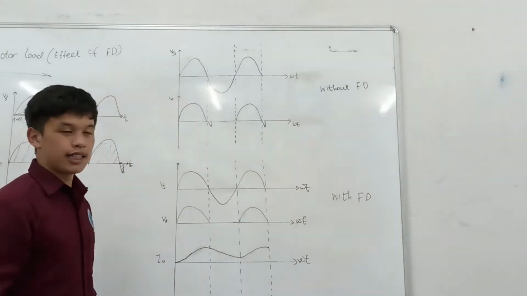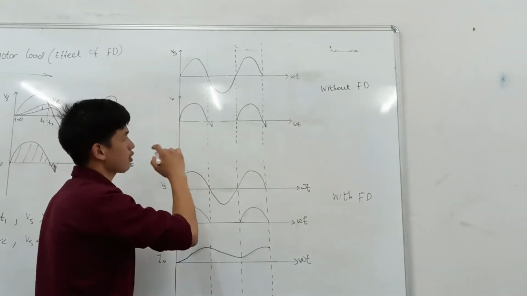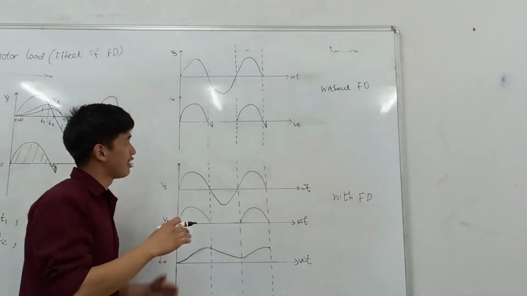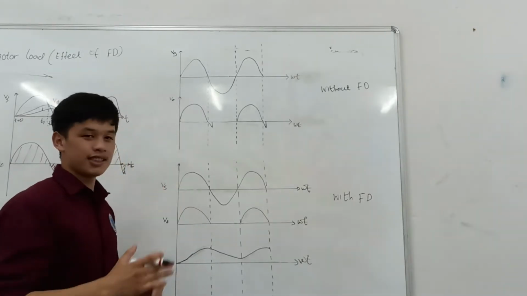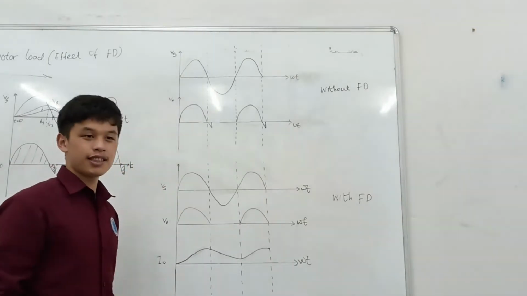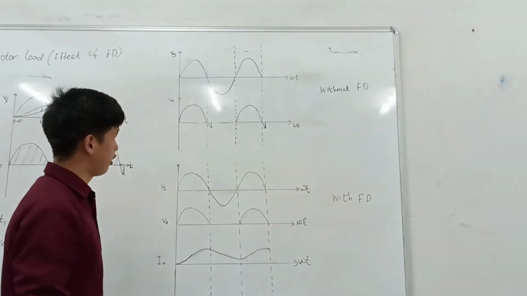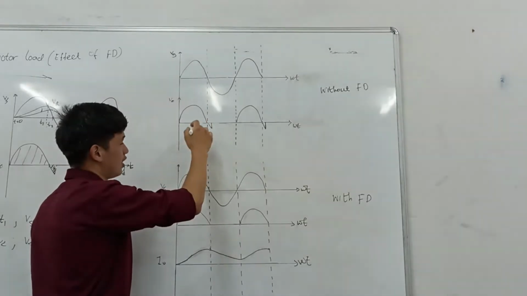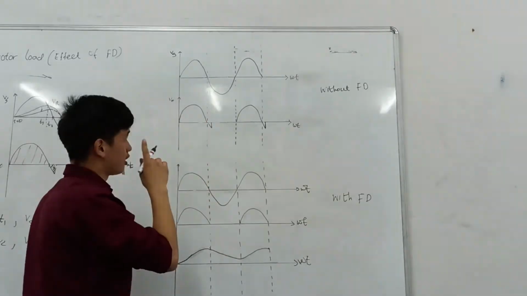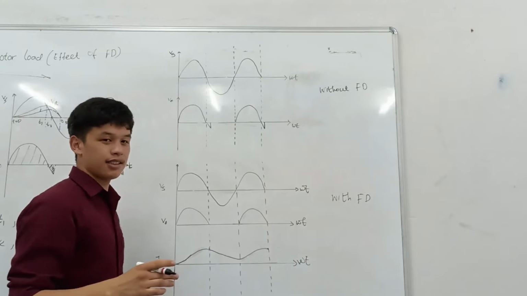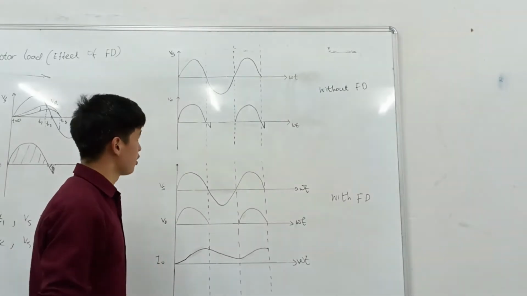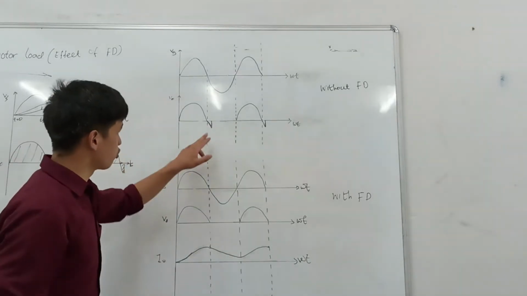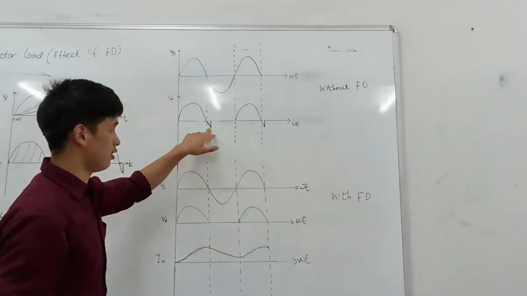Without the freewheeling diode, the output of the motor load will be registered only in 180 degrees, since it is a single phase half wave uncontrolled rectifier, in the positive half cycle. But since there is no freewheeling diode and the nature of the load is inductive, we will observe output registered in the negative half cycle.